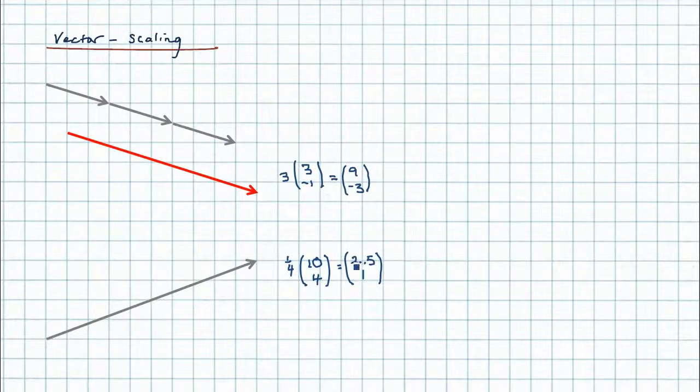So our resultant vector should be 2.5 along and 1 up. So 2.5 to the right and 1 up. From here it will go 2.5 along, 1 up. The end point should be there, so that's going to be the tip of our arrow. So if I draw that along there now, we can see our resultant vector.